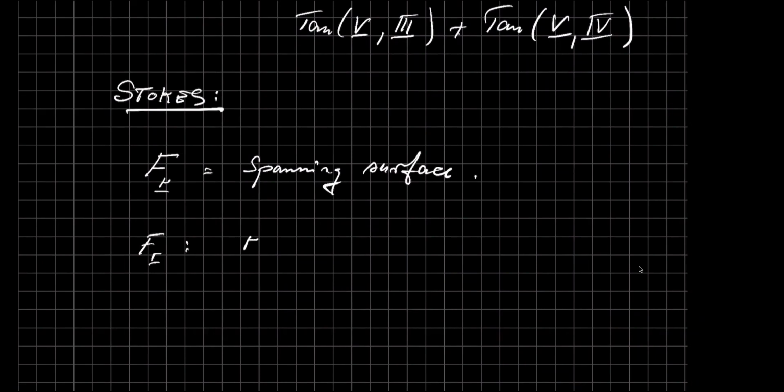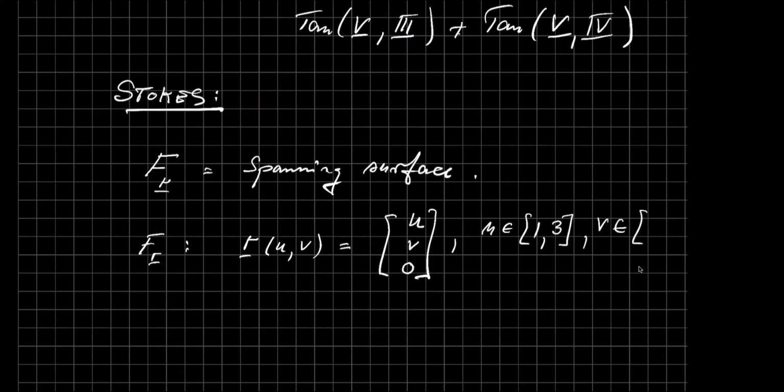I call it R, and it has two variables. Now it's a surface. I can choose the two variables u and v, and u belongs to the interval from 1 to 3, and so does v.